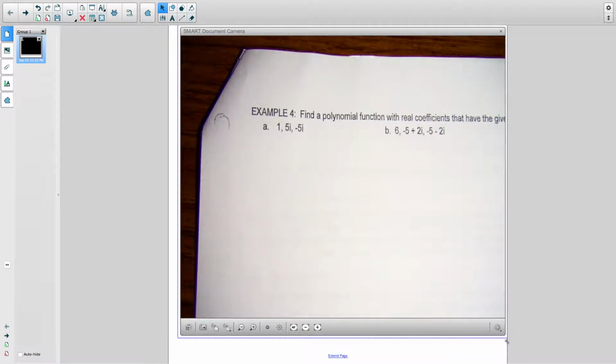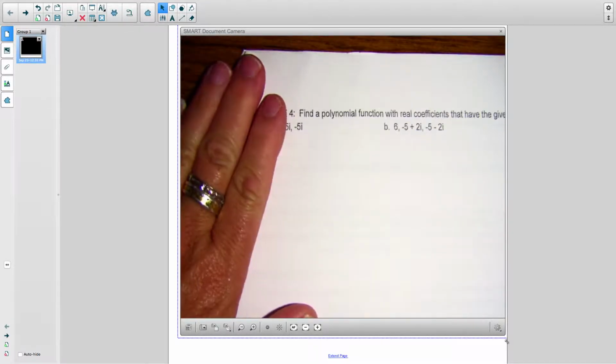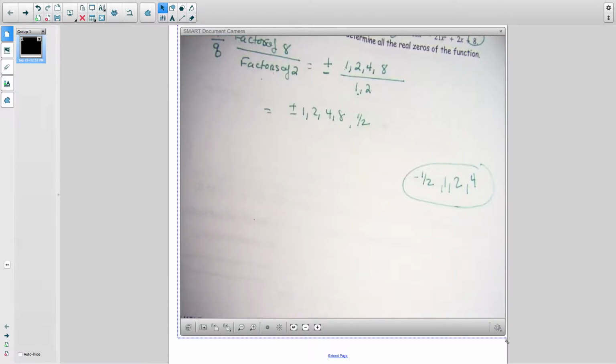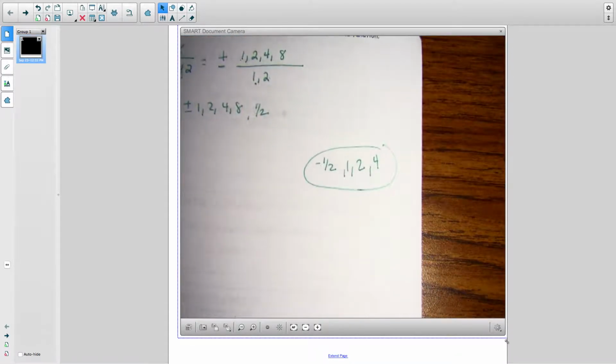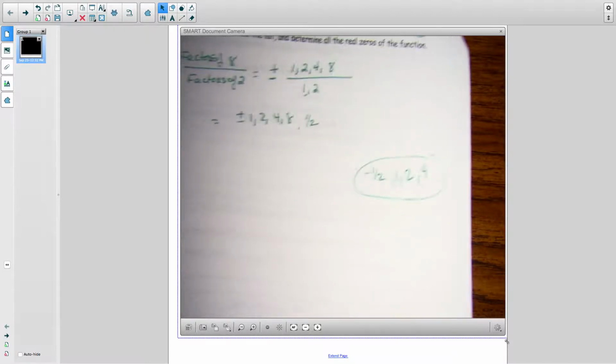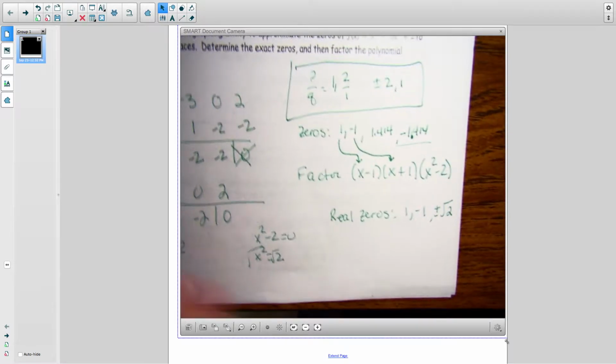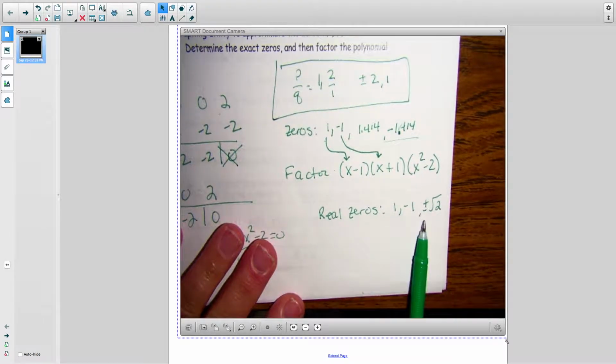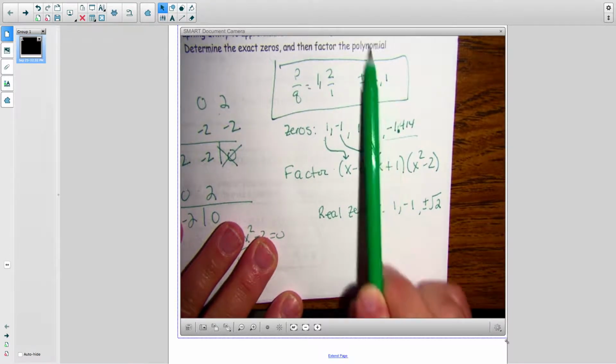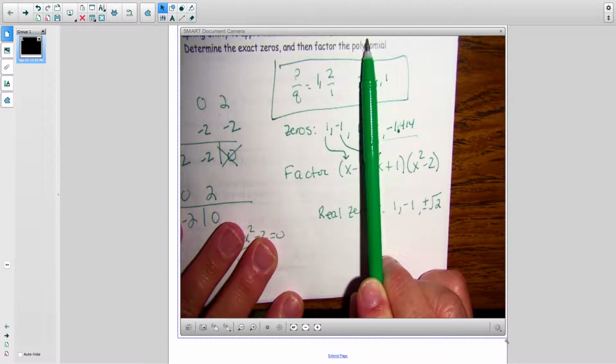Now I'm going to tell you, find a polynomial function with real coefficients that has the given zeros. So now you're taking something like this. I'm giving you this, and you need to work your way back to the original function.